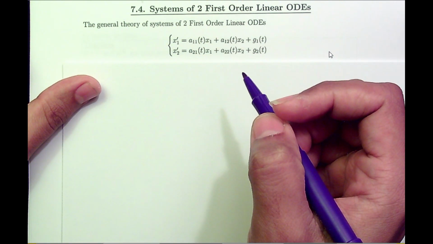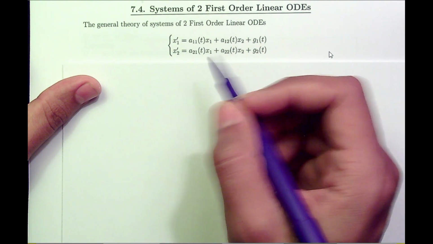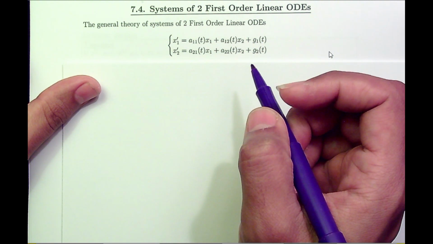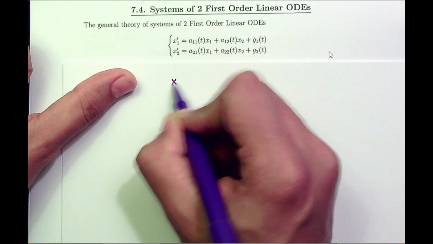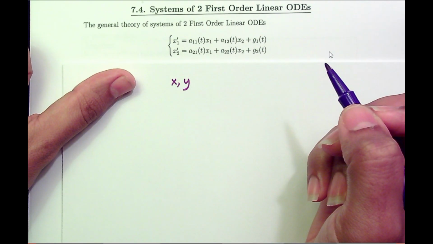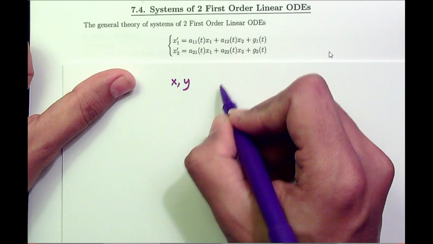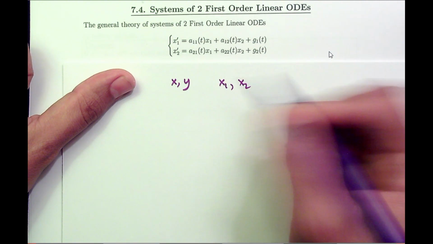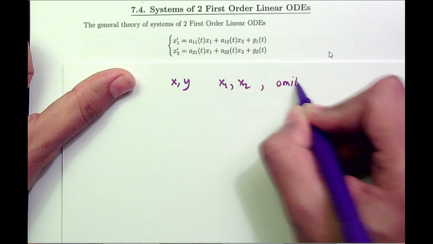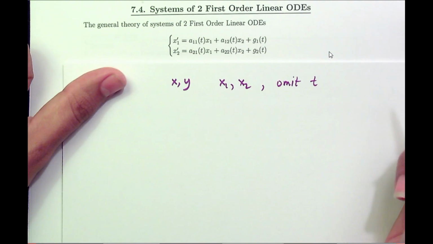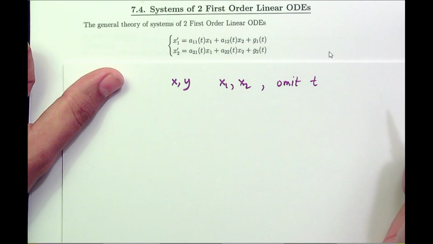Sometimes some books will write it in a way that looks a little bit more readable. So they might use x and y for the functions instead of x1, x2. And also you may omit the t, which is the independent variable.